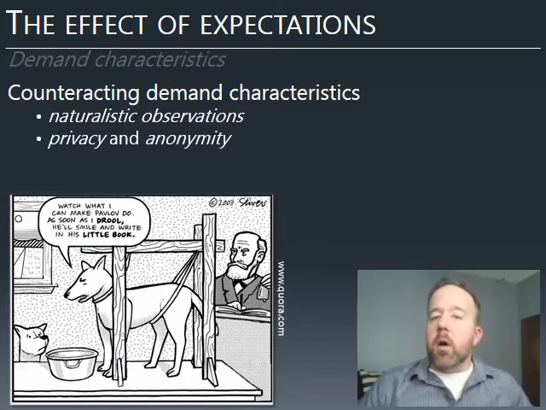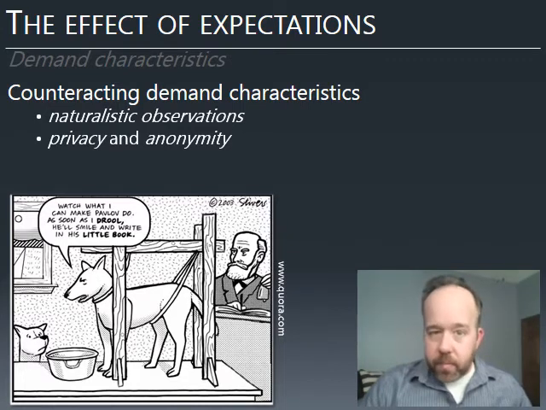If people don't know that their behavior can be connected back to their identity, they behave in more honest ways, especially when it comes to what are socially appropriate behaviors. Do people really adhere to social norms of honesty, of generosity? If they are perfectly free to behave selfishly but be anonymous about it, they're much more likely to do it. So the question is, how do you get the most accurate representation of behavior?